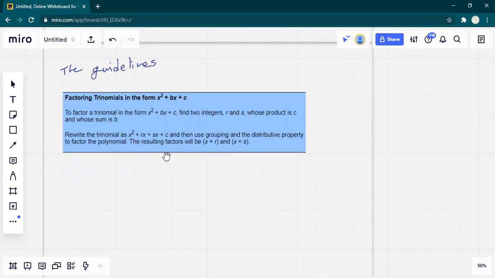Our idea is to write bx as rx plus sx, where r and s are integers whose product is c and whose sum is b. The product is the last term, the constant term c, and the sum is b. Let us apply this idea to factorize a polynomial.